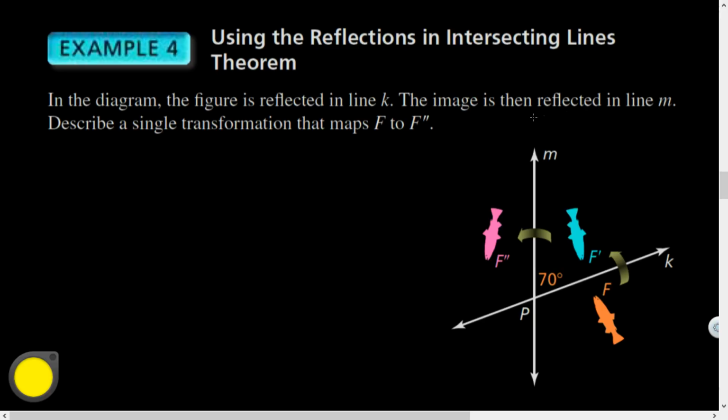It says the image is then reflected in line M after line K. Describe a single transformation that maps F to F double prime. So I could have rotated about point P by what amount?